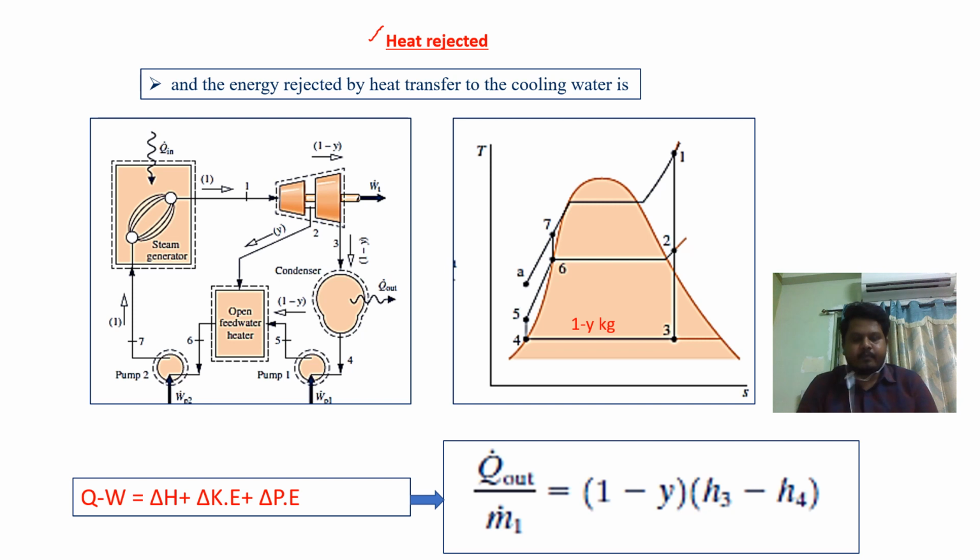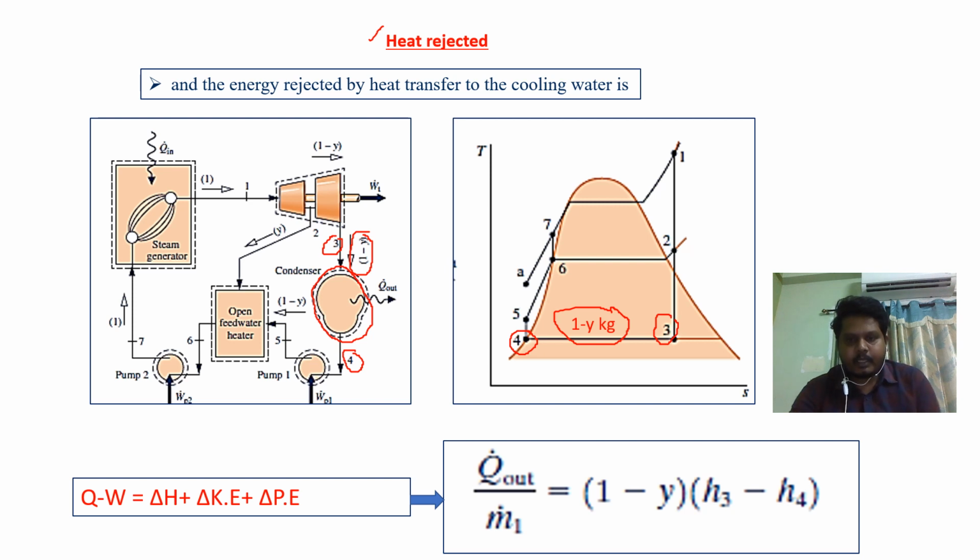Now let us see heat rejection in the condenser. Here we can see in the schematic diagram, this is the condenser between state 3 and state 4, and 1 minus y mass enters the condenser. As you can see on the TS diagram, the process 3 to 4 is the condensation process at constant pressure and the mass is 1 minus y kg.